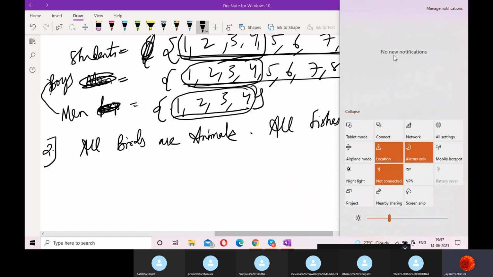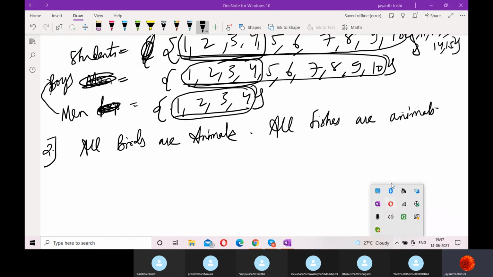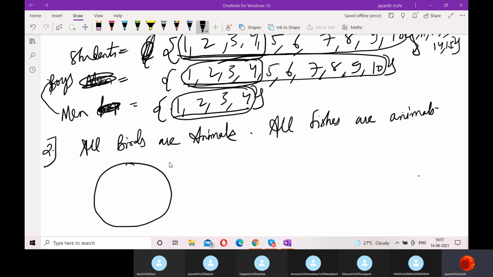So let me take this. If I take a big circle, if I take animals, that is the universal set. So there are birds in this, there are fishes in this, correct?